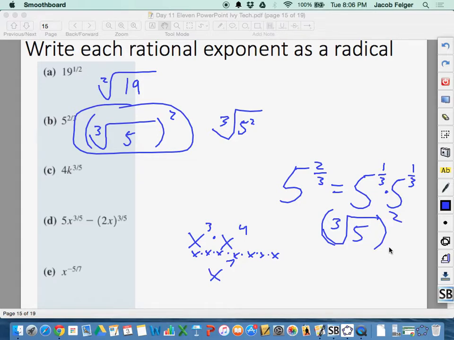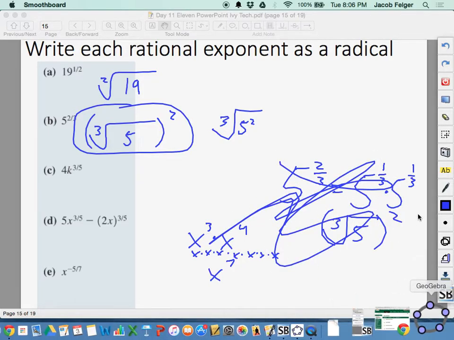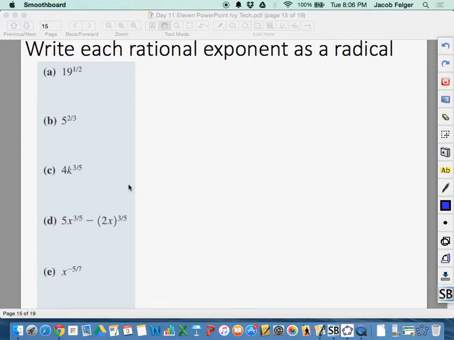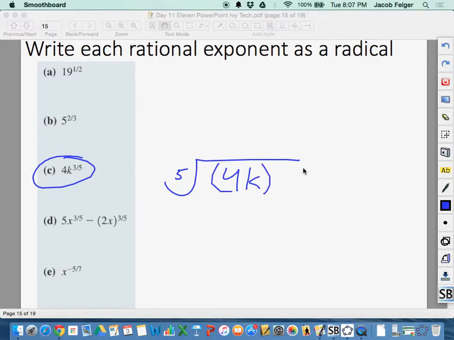John, don't worry about it. That was extra. Okay, got it. Can you convert that though to radical form? I get the 5 on the outside, then I put the 4 on the inside, in parentheses, the whole thing like that, and then I put my 3 on the outside, like this?